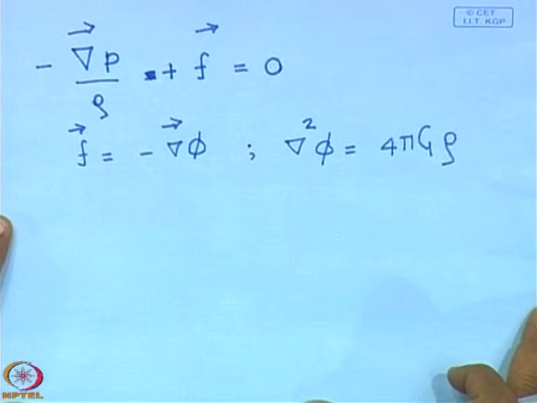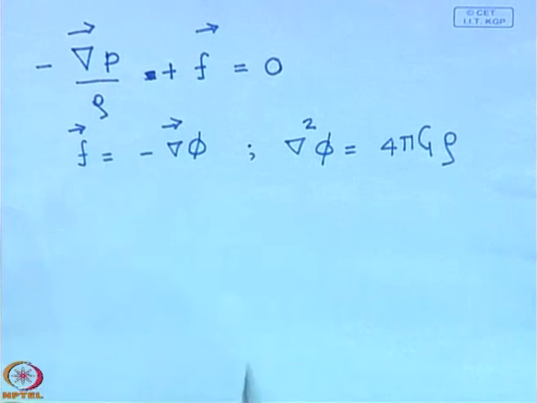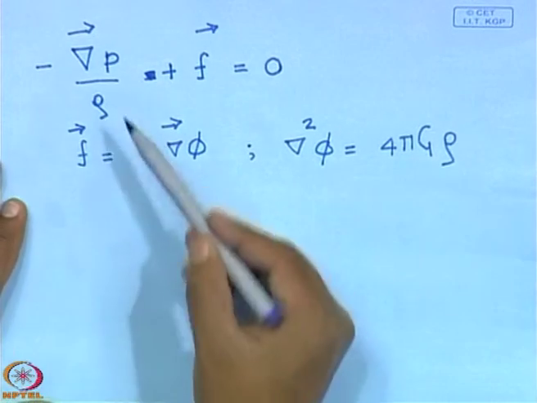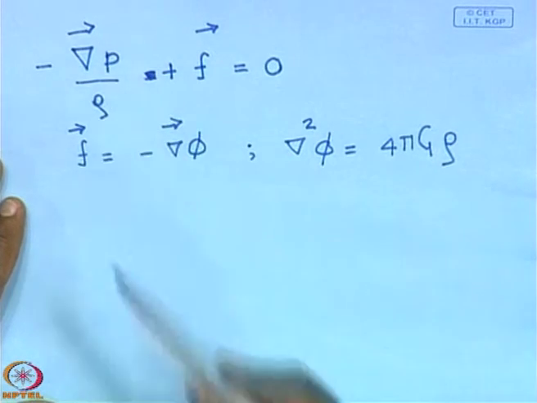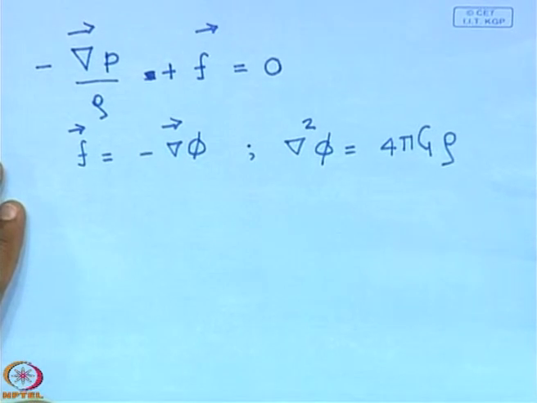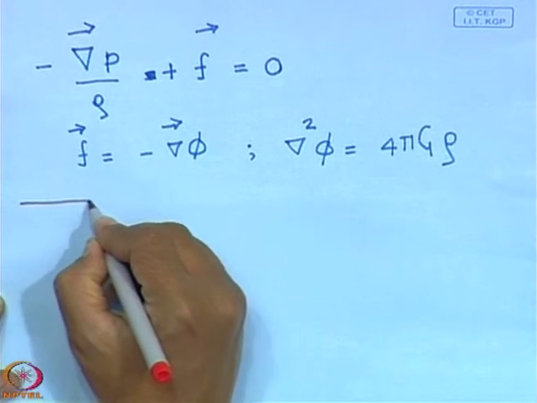Now, in order to solve this equation, we need to know what the density is. We need some relation. See, there are two unknowns, the pressure and the density. We shall start off with a very simple assumption. Our assumption here is that the density inside the sun is a constant.